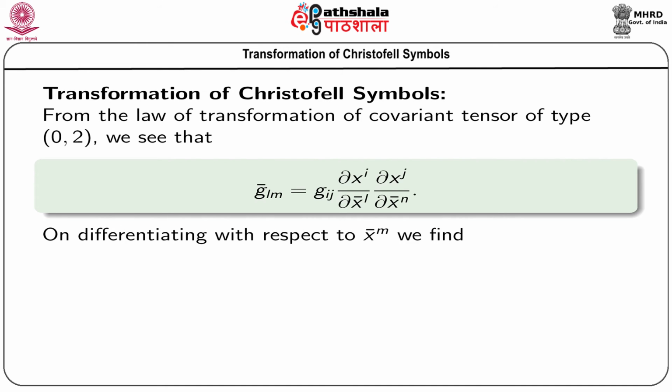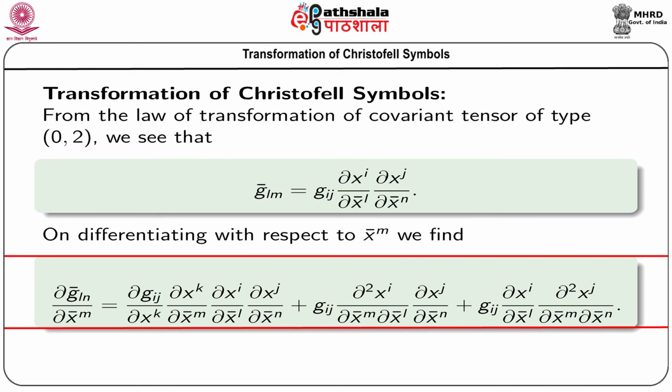Now, differentiating this expression with respect to x bar^m, that means we are doing the partial derivative, we find ∂g bar_{ln}/∂x bar^m equals to ∂g_{ij}/∂x^k ∂x^k/∂x bar^m, because g_{ij}'s are functions of x^i, so we can't find the derivative directly with respect to x bar^m.